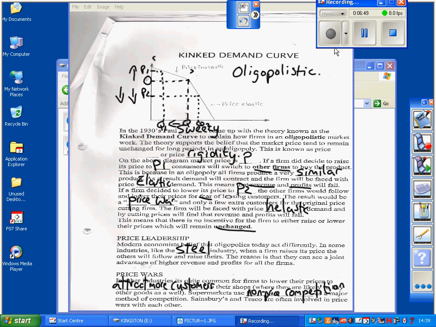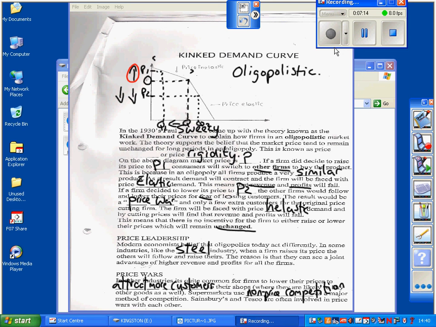Okay, so to summarise for you, Fatin, the price in oligopolistic markets does remain stable. Most of the competition is on branding, on different unique selling points. This is because there is no incentive for an oligopolist to raise their price, because no one will follow and they will lose lots of customers.